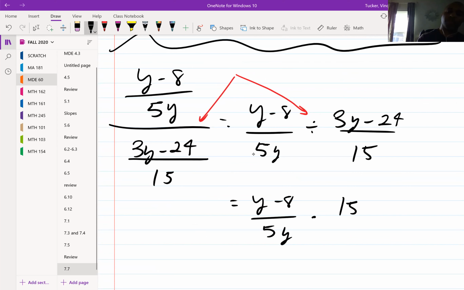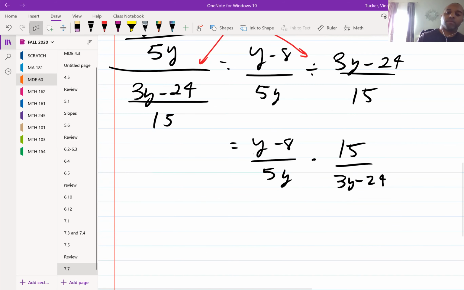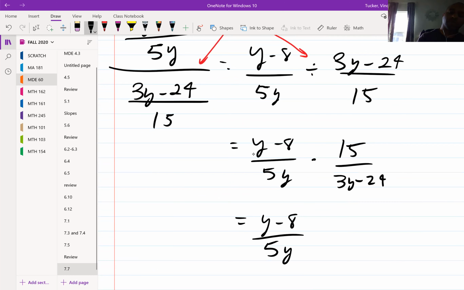Multiply by the reciprocal. Factor. 15 is 3 times 5. Factor out 3. Y minus 8.